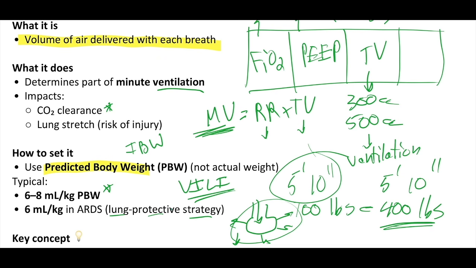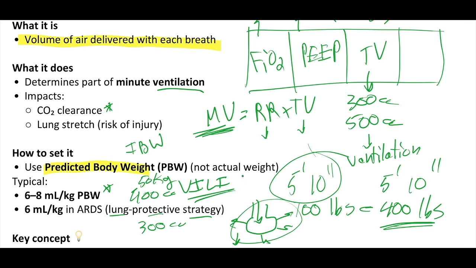All right, so 6 to 8 cc's per kg of ideal body weight is a nice start. So if someone's ideal body weight is 50 kilograms, a nice start is something like 400 cc's of tidal volume would be 8, and then 300 cc's of tidal volume would be 6 cc's per kg, right? So someone's 50 kilos, 3 to 400.